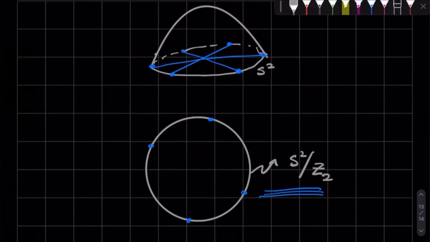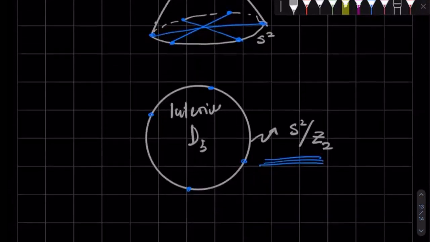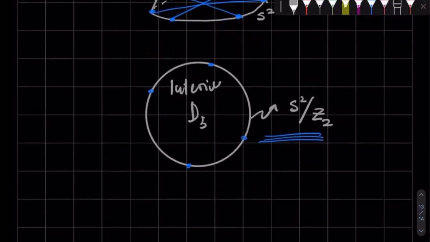The interior is the interior of D3. If the boundary was just S2, then it would be a D3. So you might say it's D3 with the boundary having some Z2 identification. Okay, some complicated version of D3. Let's call it D3 tilde.